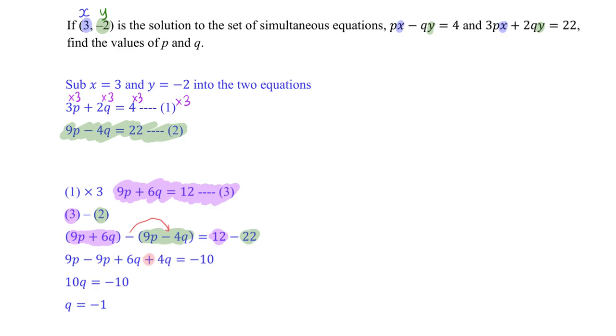And from here, you can then substitute back into any of the equations. I'm going to substitute into equation 1. So 3p plus 2q, and the q I'm no longer going to write as q, I'm going to write it as -1. And solve it. 3p minus 2 equals 4. At this stage, I'm going to add 2 on both sides.